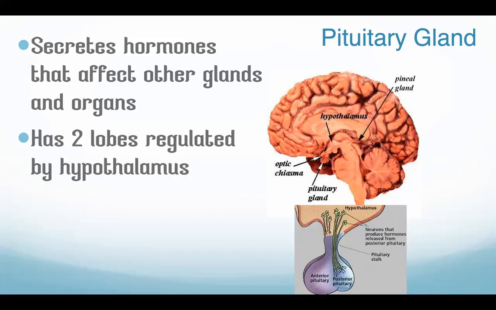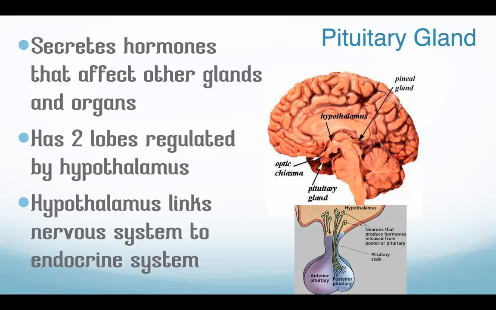So it's really important that there is a close connection between the nervous system and the endocrine system. One of them, of course, being monitoring and controlling your body, and the other one being the cause of change that your body needs under different circumstances. And so that's the relationship between the hypothalamus and the pituitary gland.